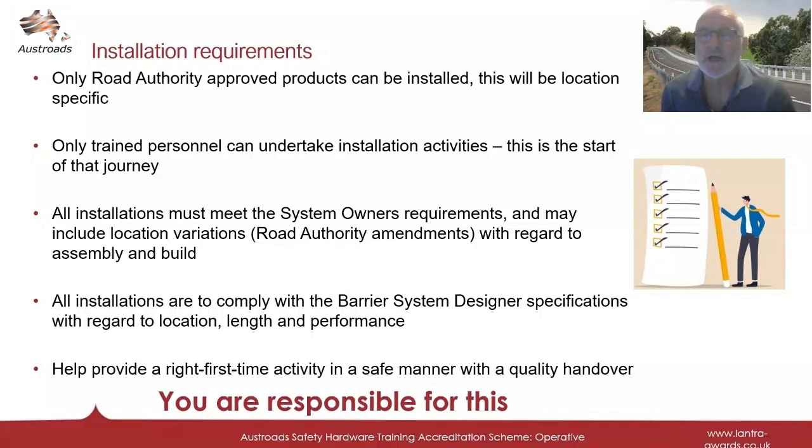All installations are to comply with the barrier system designer specification with regard to location, length, and performance. We need to provide a right first time activity in a safe manner with a quality handover. This is a responsibility for the operatives and installers.